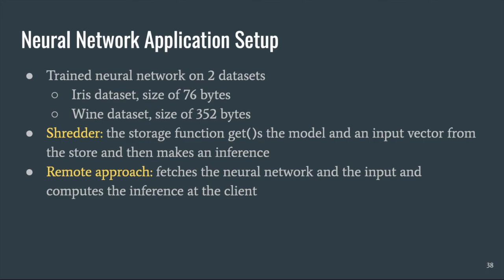For Shredder, the storage function gets the model and an input vector from the store, and then makes an inference. For the remote approach, the get put operations fetch the neural network and the input and compute the inference at the client.